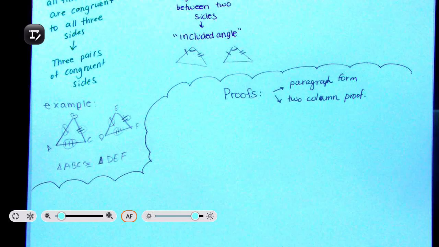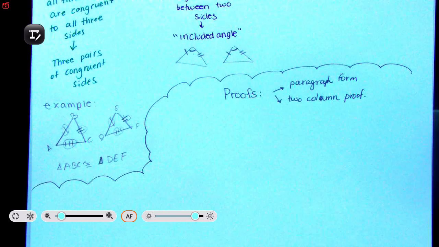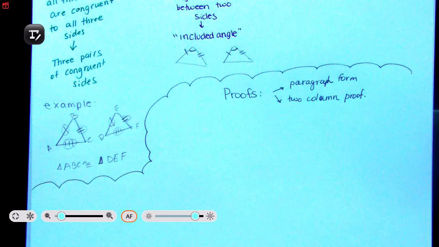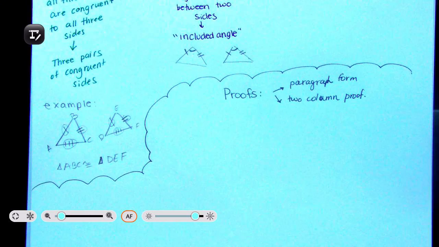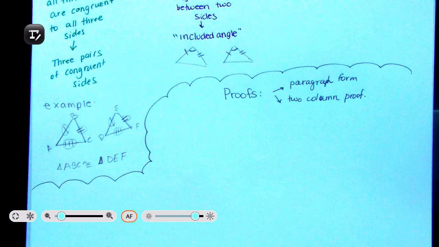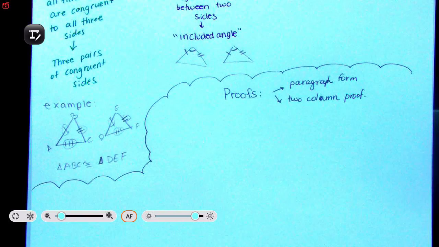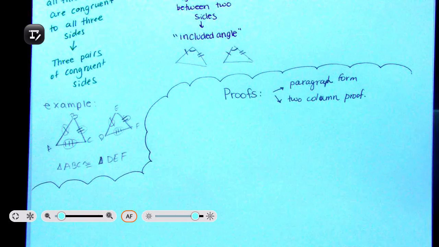A paragraph proof is exactly what it sounds like. You write your proof in a paragraph like you're in English class using mathematical language. A two-column proof is what we're going to be using in our class, and it's just an easier way for you to organize your thoughts before moving on to a paragraph proof.